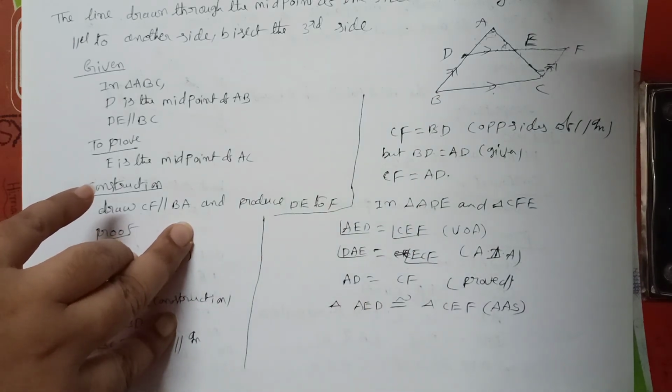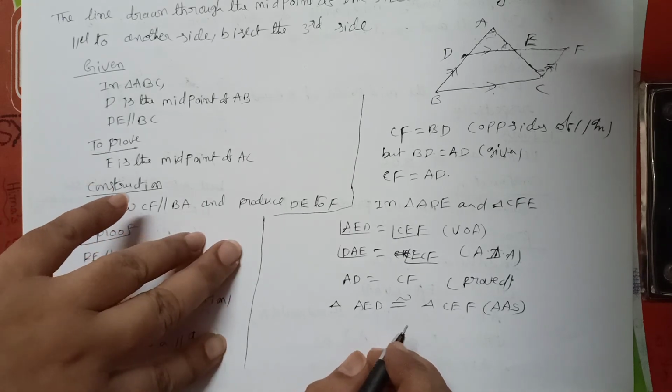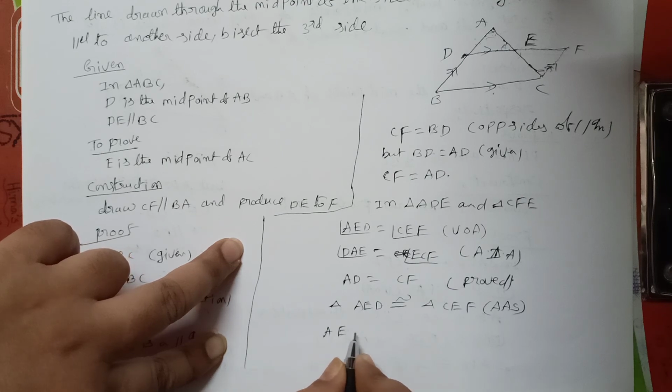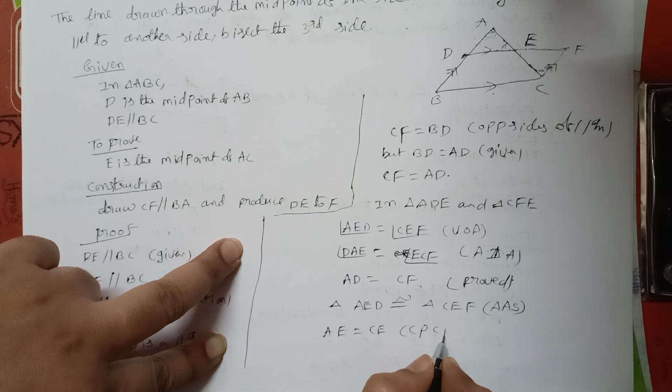If two triangles are congruent, all corresponding parts are equal, so AE is equal to CE, corresponding parts of congruent triangles.